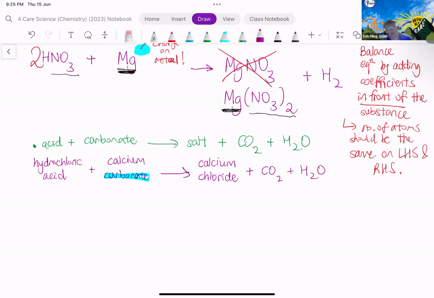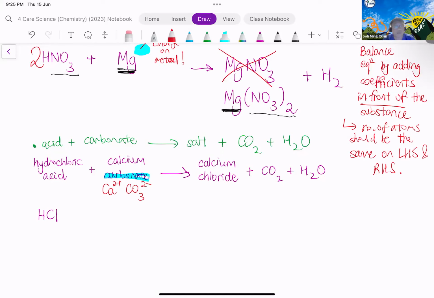Okay. Now, this is again where you must be absolutely careful. Hydrochloric acid is HCl. But what is calcium carbonate? Again, when you see names like ionic compounds, you know that, okay, this is a metal and non-metal, right? Calcium carbonate. You need to know the charges. Ca is 2+ because calcium is group 2.